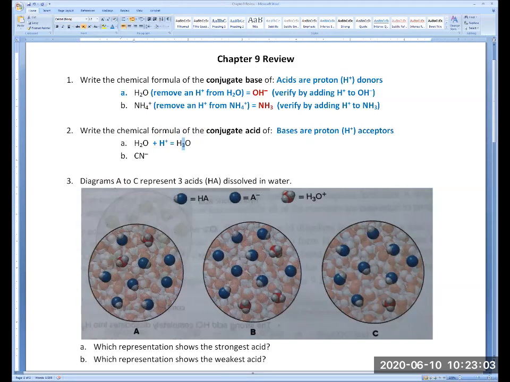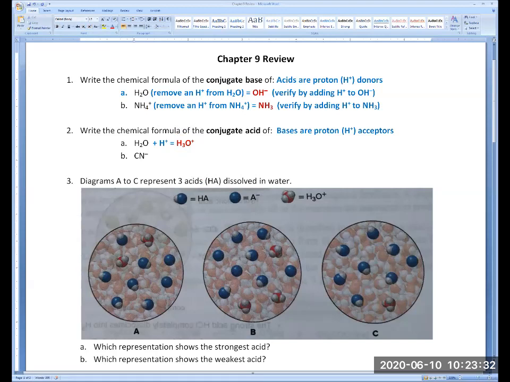H2O was neutral, and the proton comes with a positive charge, so it cannot be cancelled. So that's going to be your conjugate acid of water, right? When water acts as a base.